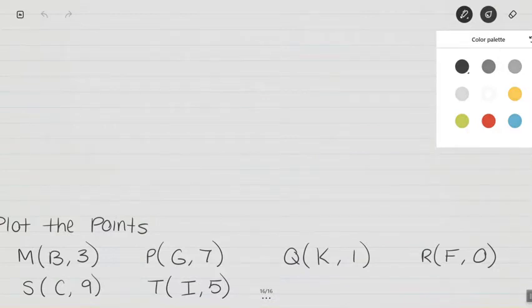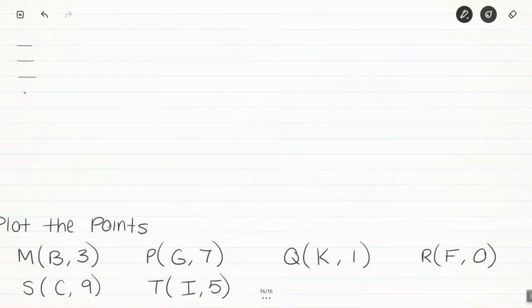So 1, 2, 3, 4, 5, 6, 7, 8, 9, 10. Count down 10 lines, and then you can number them. And then we're going to draw a line straight through them. And this one at the bottom will be 0.